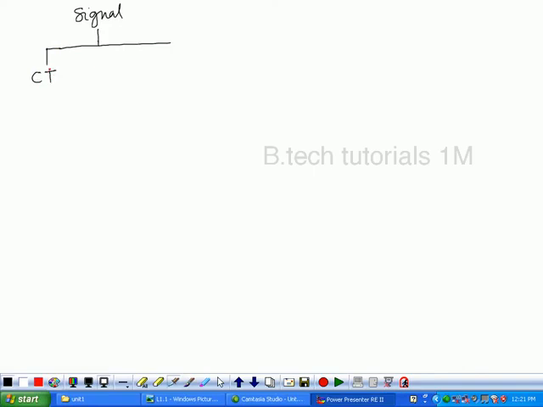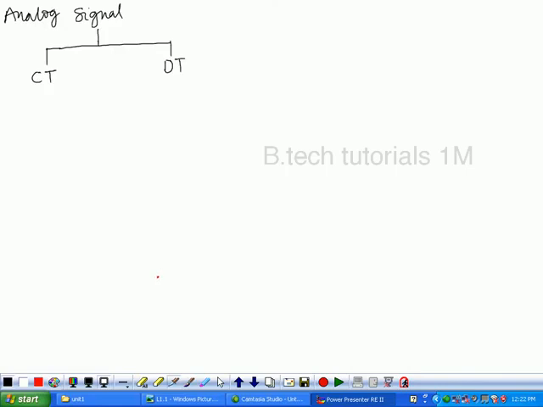Here, we can consider the analog signal. The analog signal can be continuous time signal or a discrete time signal. All the analog signals are continuous time signals, but all the continuous time signals are not analog.